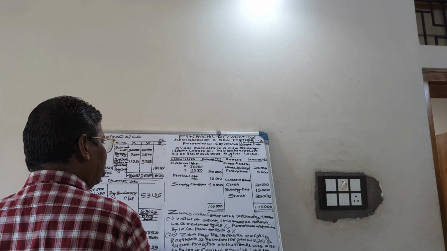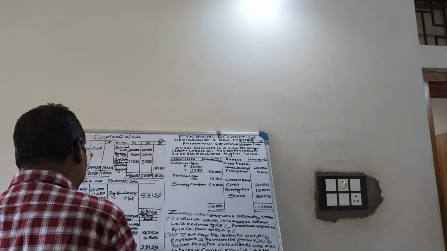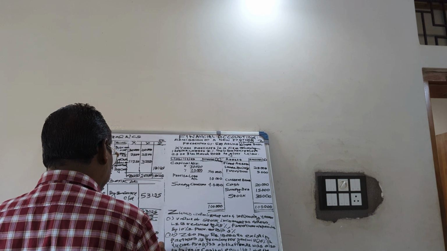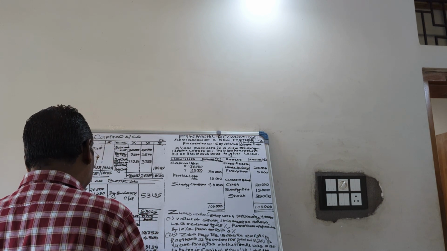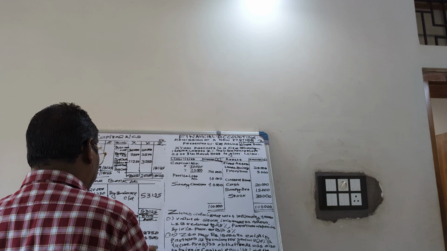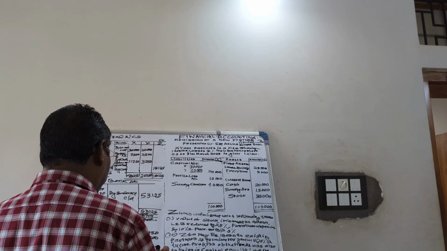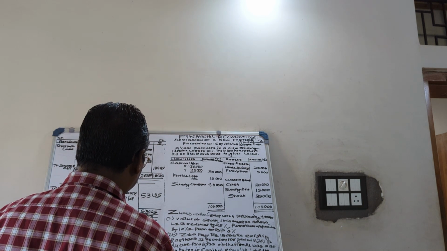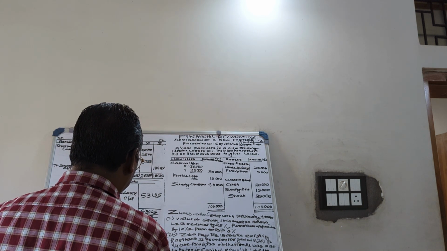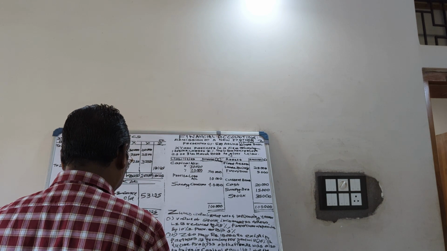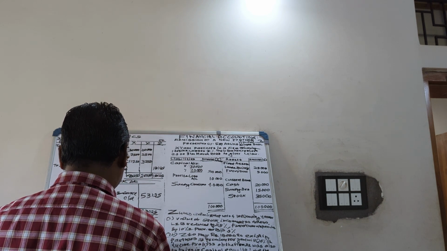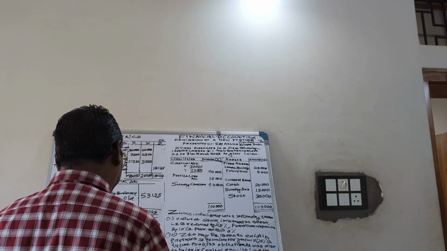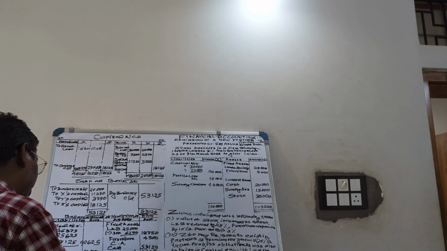Then sundry debtor, it is 15,000 less 5% 750, that is 14,250. Then stock is here increased to 40,000. So both side is 1,30,625. That means our balance sheet is correct.